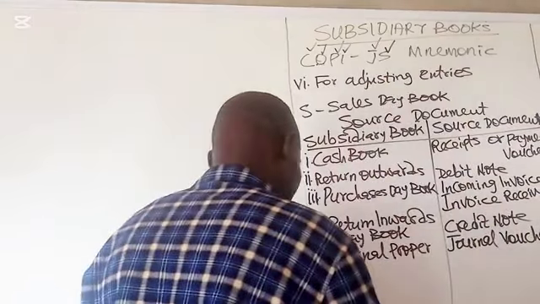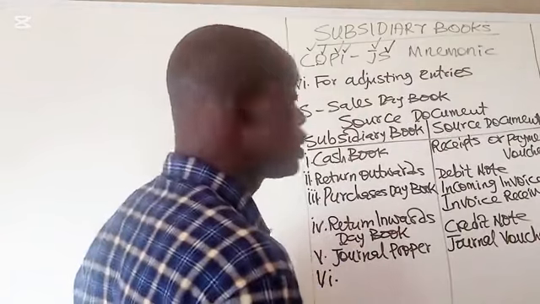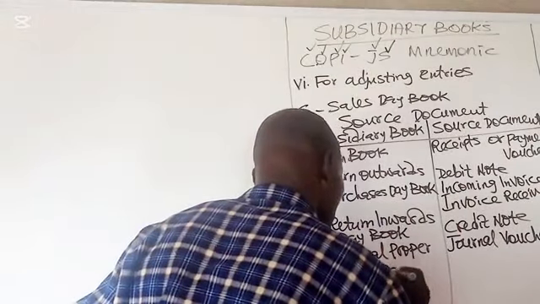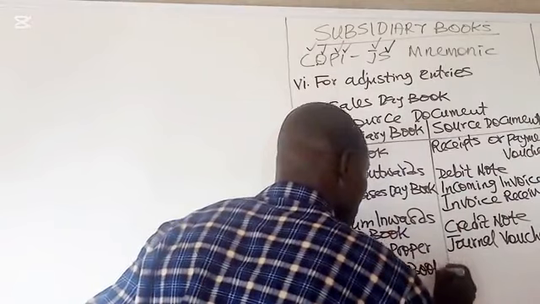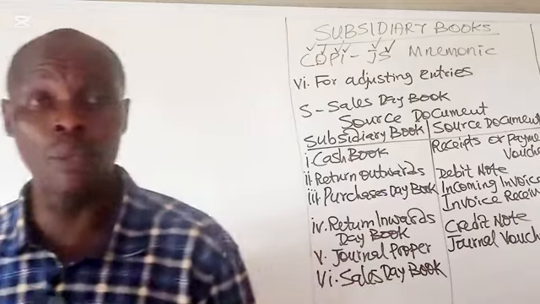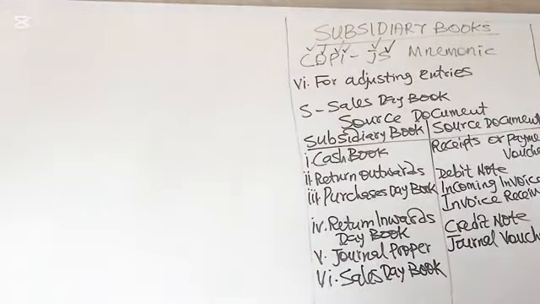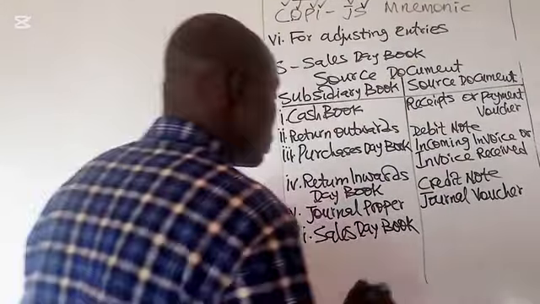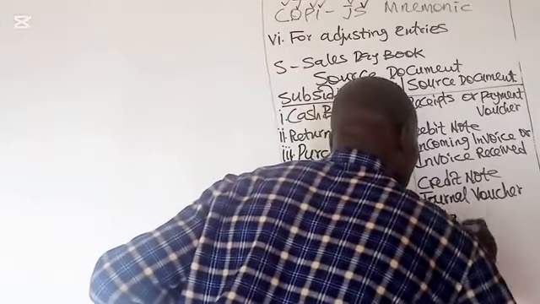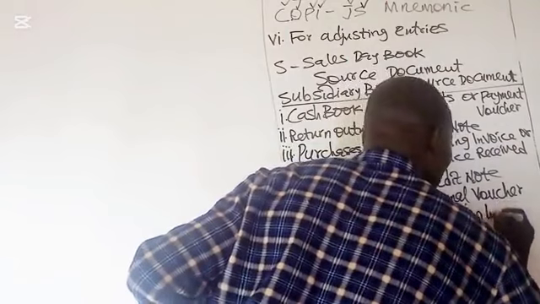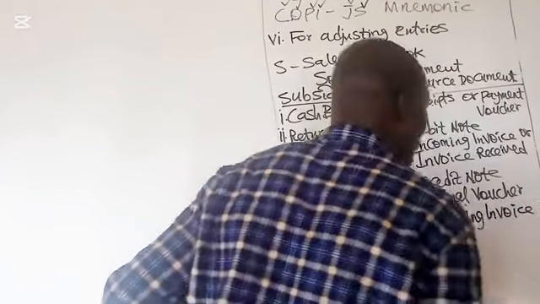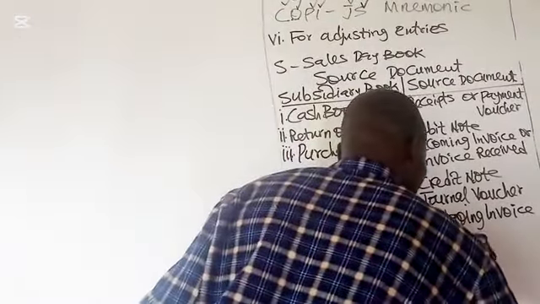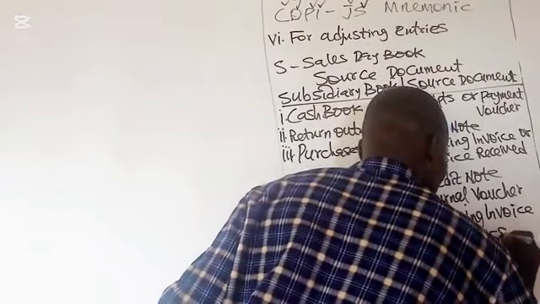Then the last is the sales day book. The source document of sales day book is outgoing invoice, or invoice issued.